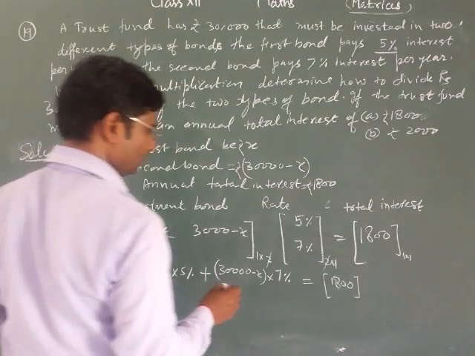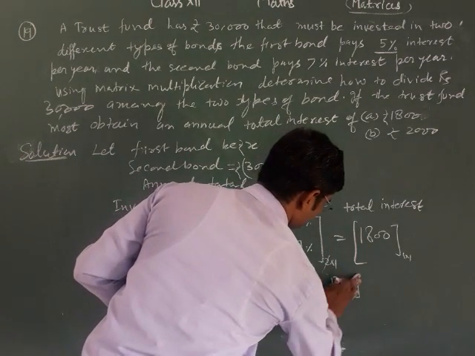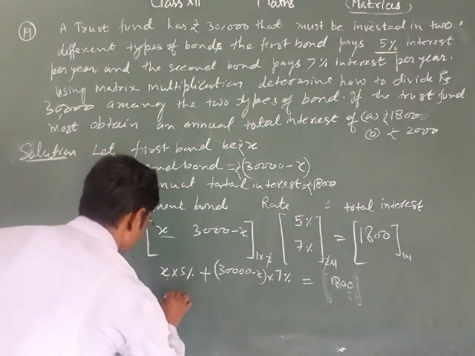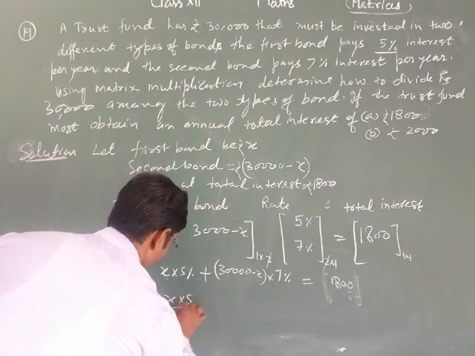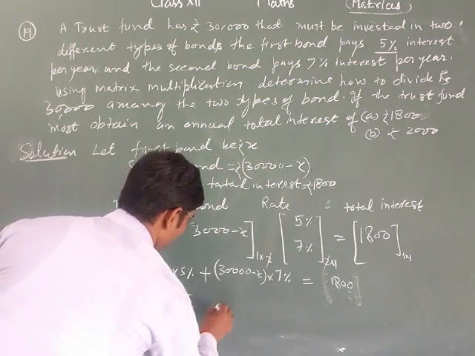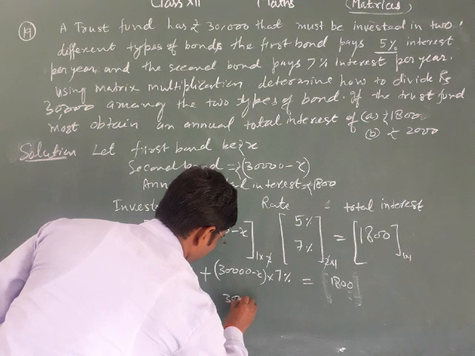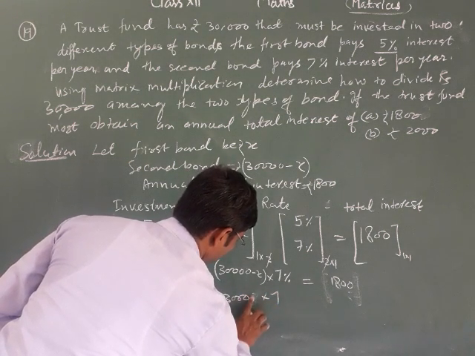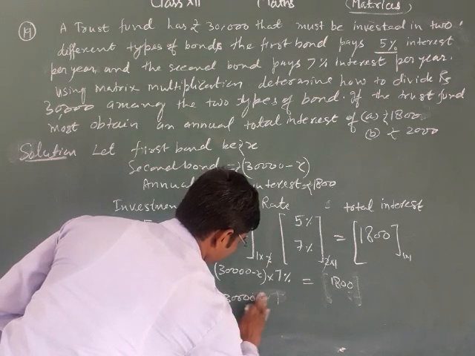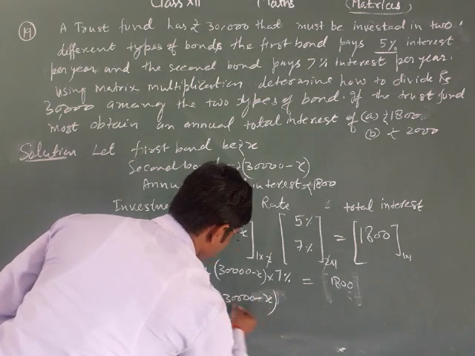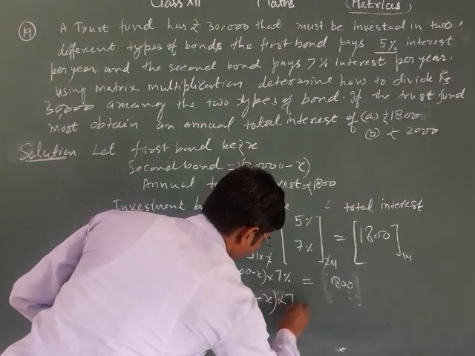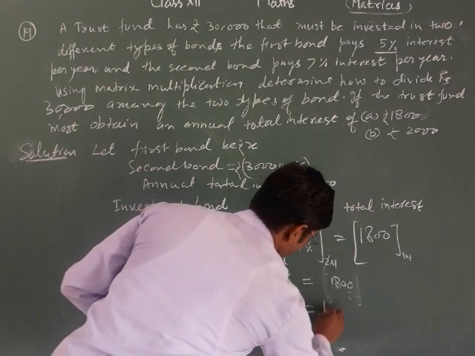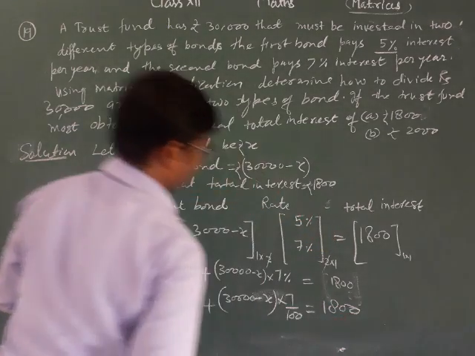So now x into 5 upon 100 plus (30,000 minus x) into 7 upon 100 is equal to 1800.